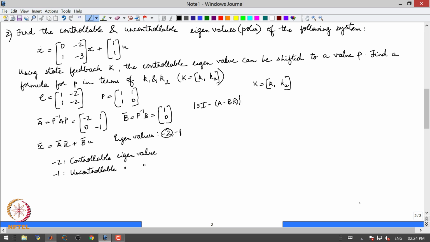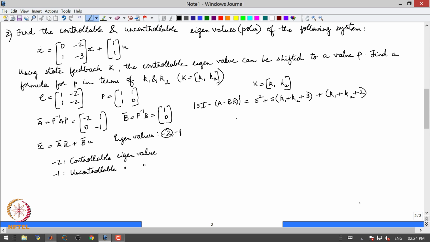If you find the characteristic equation of the system, it will turn out to be s square plus s into (k1 plus k2 plus 3) plus k1 plus k2 plus 2. You can just substitute A, B and k and find this characteristic equation.